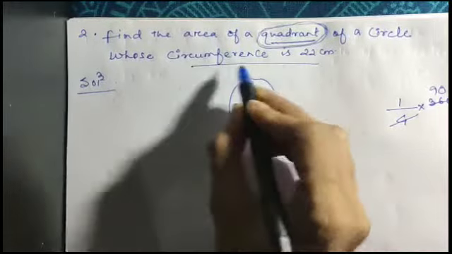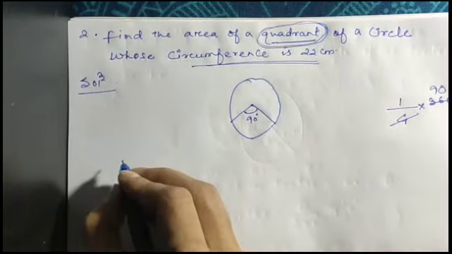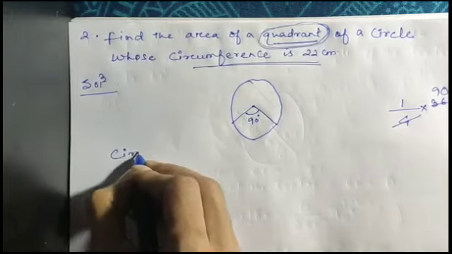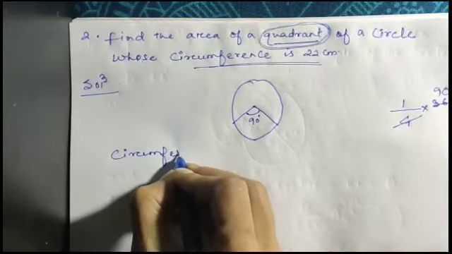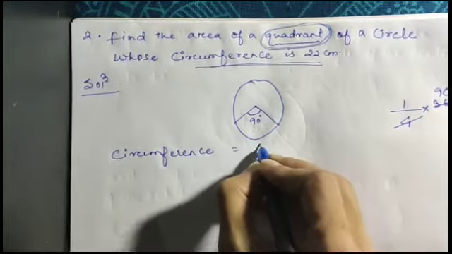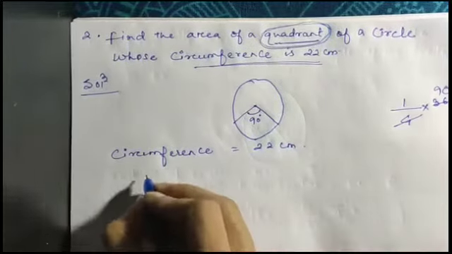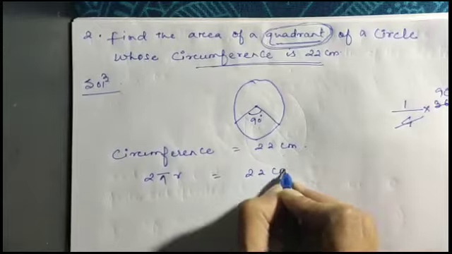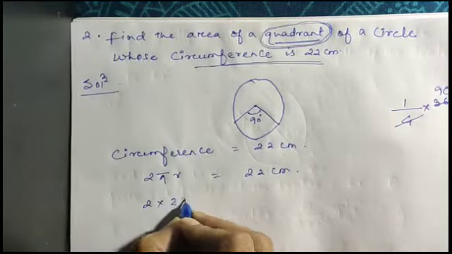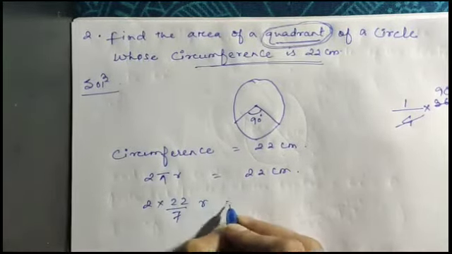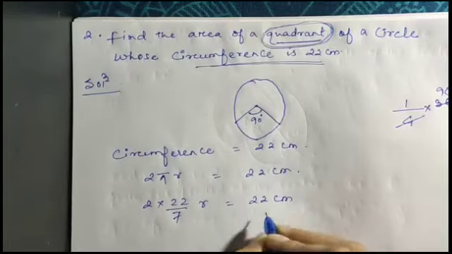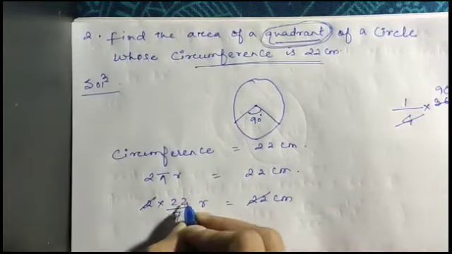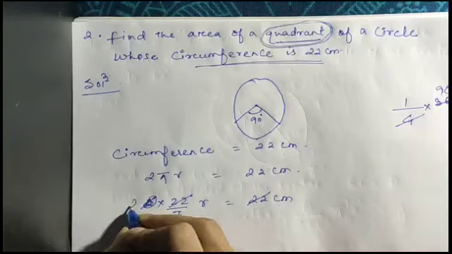Now the circumference of the circle is given, 22 centimeter, right? Circumference is equal to 22 centimeter. The circumference formula is 2 pi r is equal to 22 centimeter. 2 into pi is 22 by 7, r equal to 22 centimeter. 22 cancel.